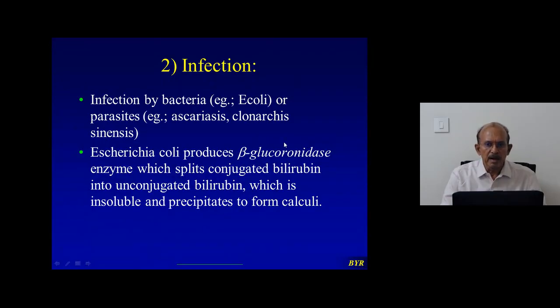So what is the glucuronide? Bilirubin monoglucuronide, bilirubin diglucuronide means what? What are these two substances? What forms of bilirubin are there?